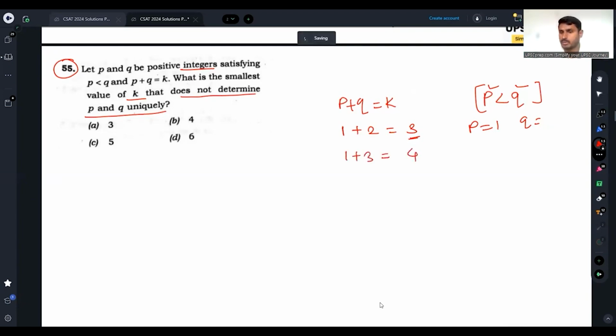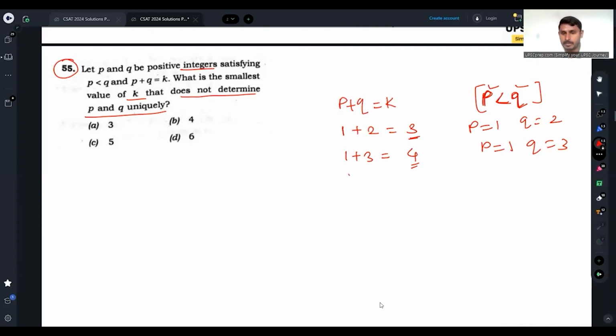In this way, can I say the value of P can only be 1 and the value of Q can be 3, right? Because there is no other way to have 4. 2 plus 2 is possible, but we cannot have the values of P and Q the same because we know that P is less than Q, right? So we cannot have this combination. Both cannot be equal, right? So 4 is again not the least possible number for K, right?